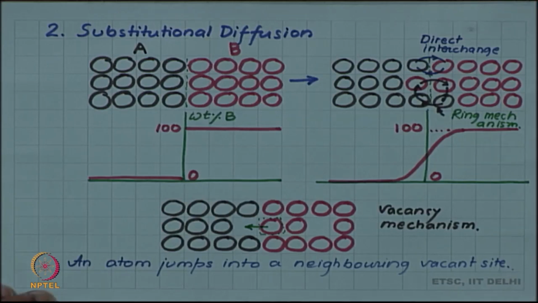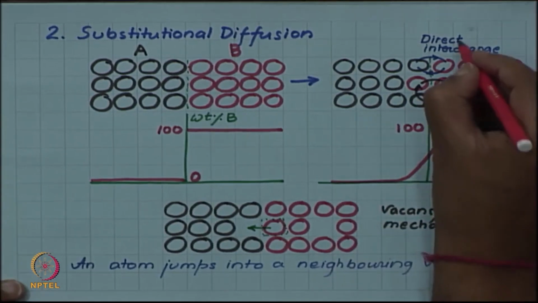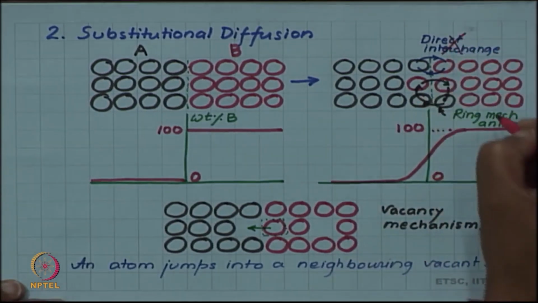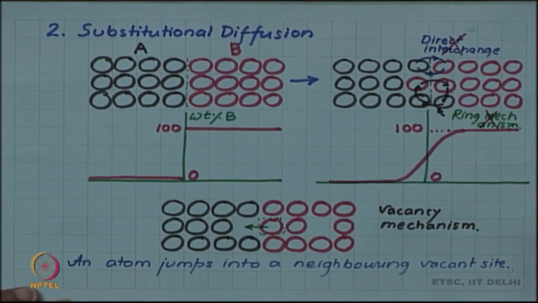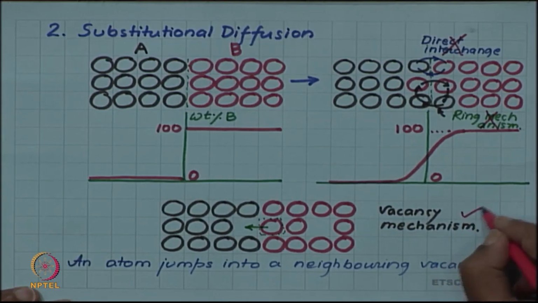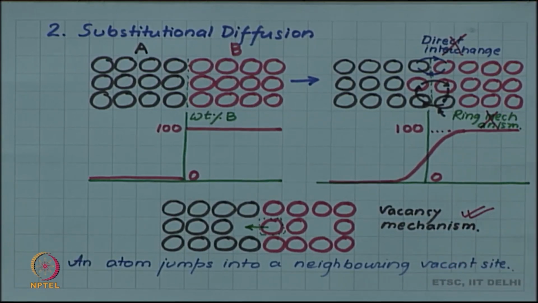So, this is now the accepted mechanism. Let us make a note of this. Direct interchange and ring mechanism originally were proposed and considered, but now have been ruled out in favor of the vacancy mechanism, which gives results closer to the experimental observations.